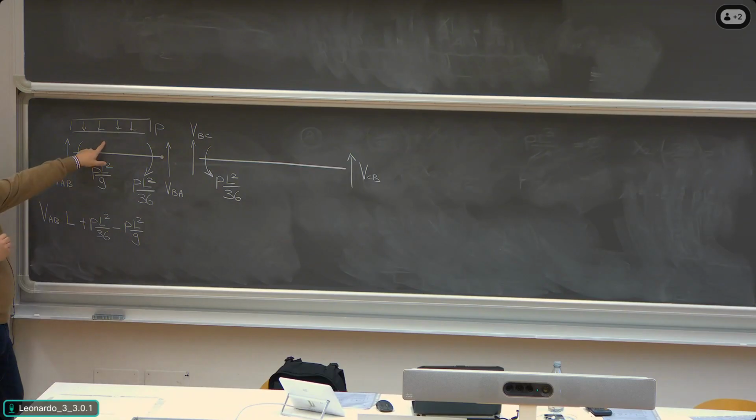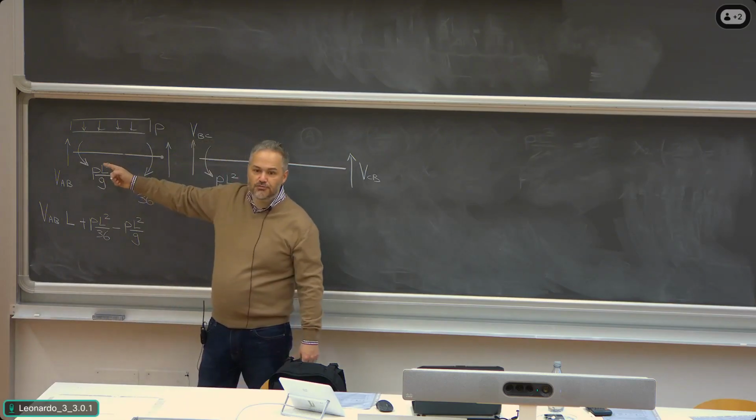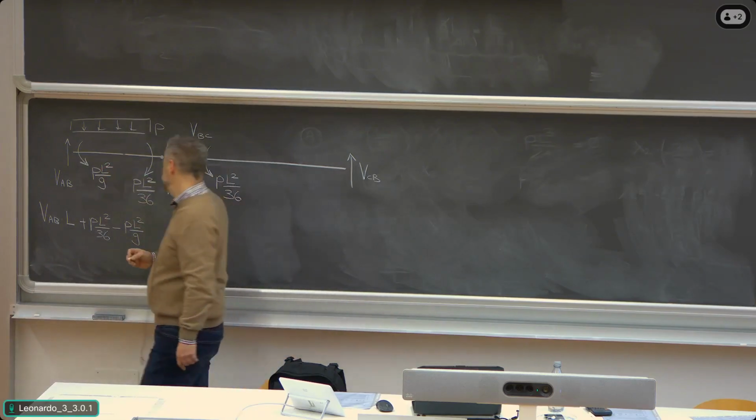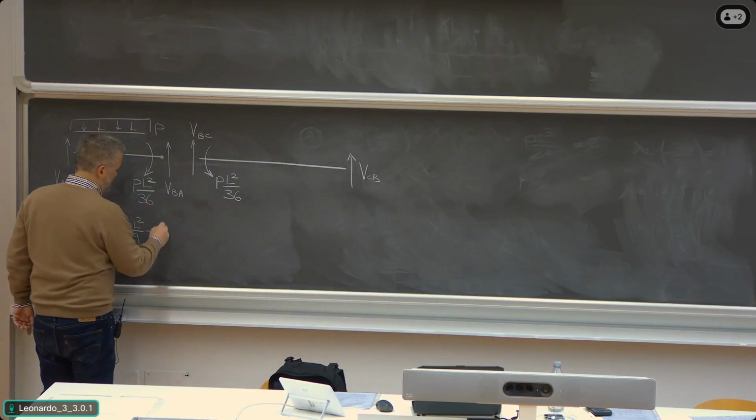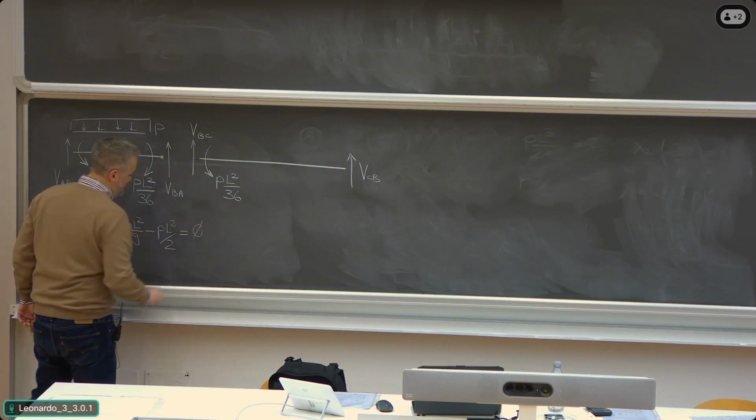And the contribution of the distributed load, whose resultant is P times L, and which is applied at midspan, which means L divided by 2. So all together minus PL squared divided by 2 equal 0.